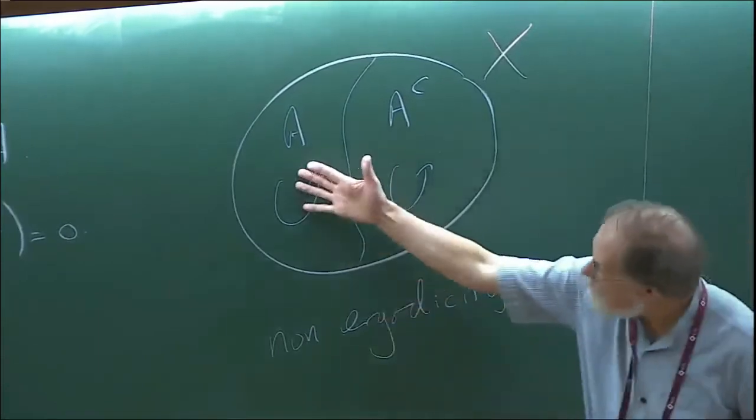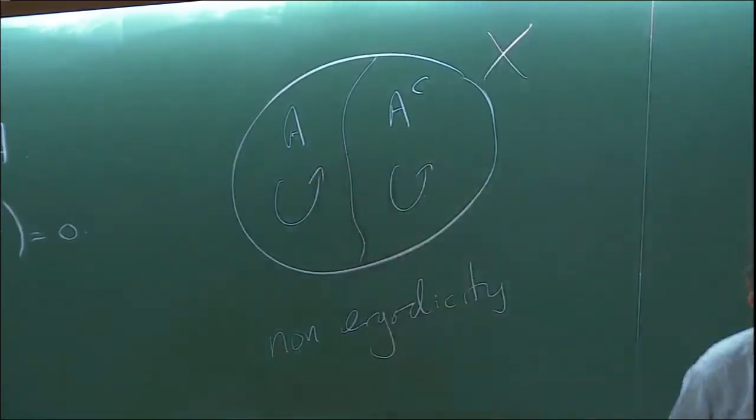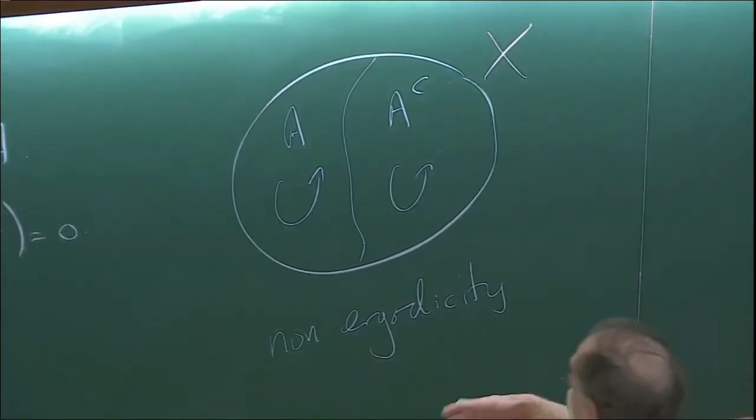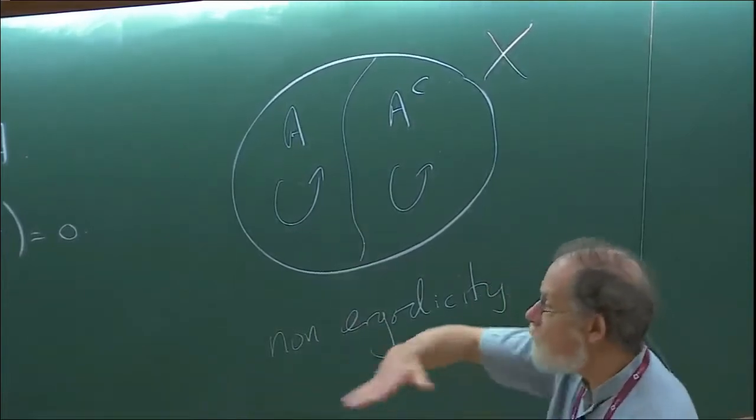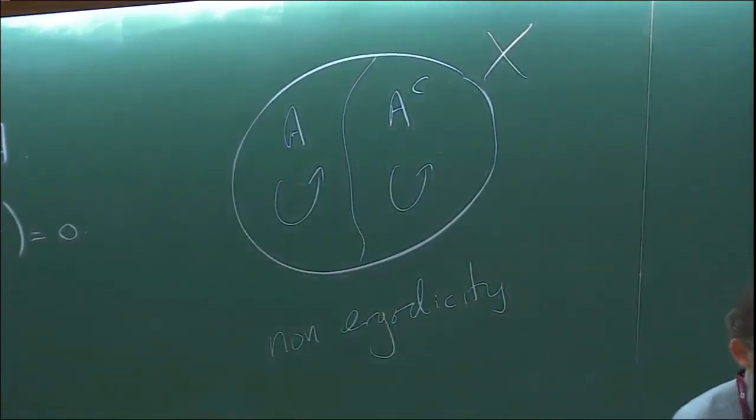And if both pieces are non-trivial, i.e. have positive measure, that's non-ergodicity. So ergodicity is the notion of indivisibility for a measure-preserving system. And you can also formulate the idea of ergodicity where you have a diffeomorphism acting on X instead of a flow, or a homeomorphism, or even just a map.